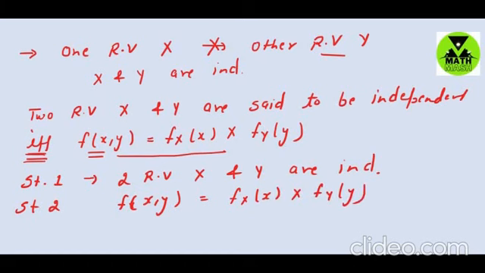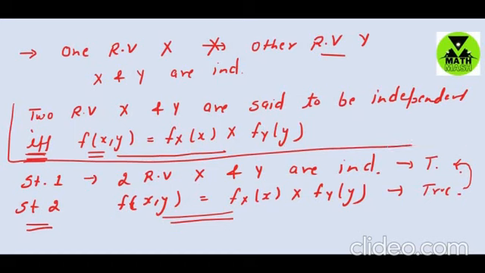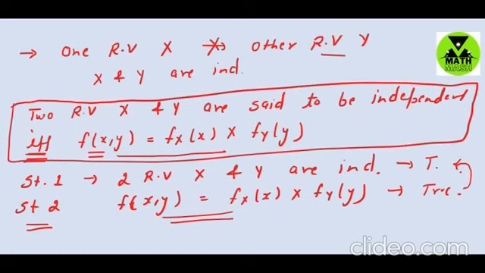If and only if means that if statement 1 is true, then the second statement is also true, and if the second statement is true, then statement 1 is also true. So if two random variables x and y are independent, then this condition will hold, and if this condition is true, then the two random variables are said to be independent. So this is the condition to check whether the two random variables are independent or not.